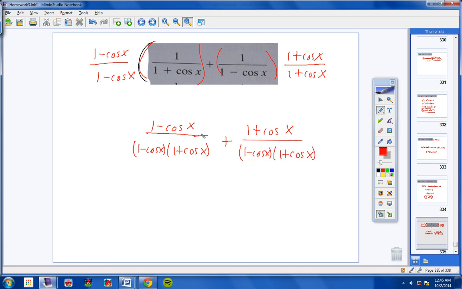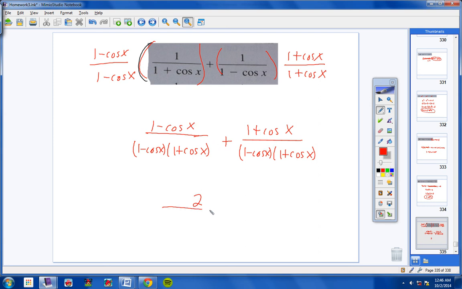Now I can put my two fractions together, so I have 1 minus cosine plus 1 plus cosine. So 1 plus 1 is 2, and then a negative cosine plus a positive cosine, they cancel out.